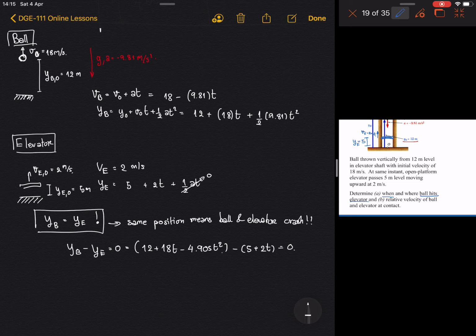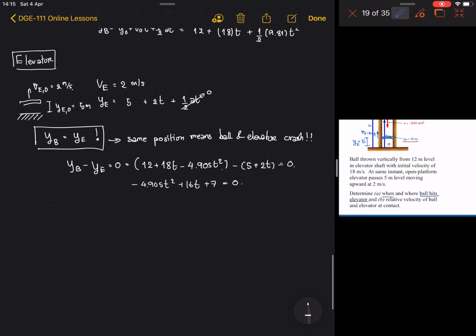Then you move terms and it will become plus 16t plus 7 equal to 0, and here again it is a quadratic equation. Then you can use the quadratic formula here again.